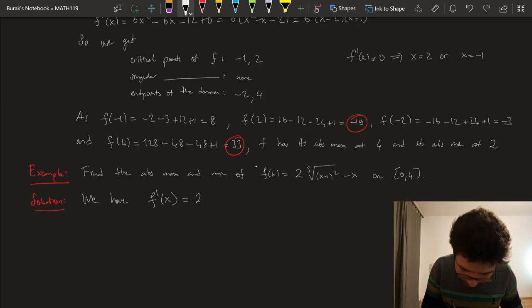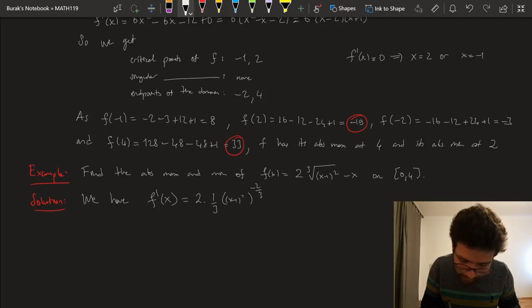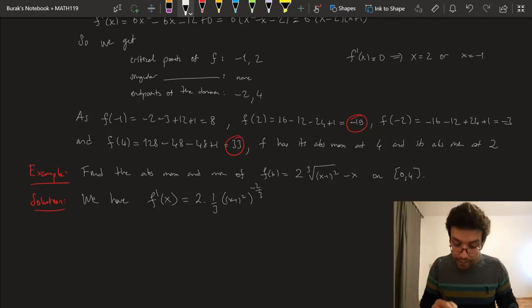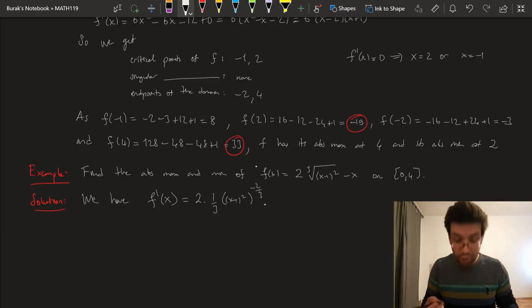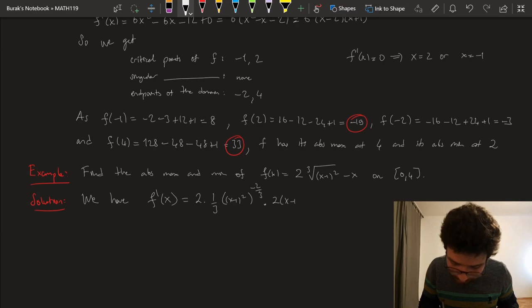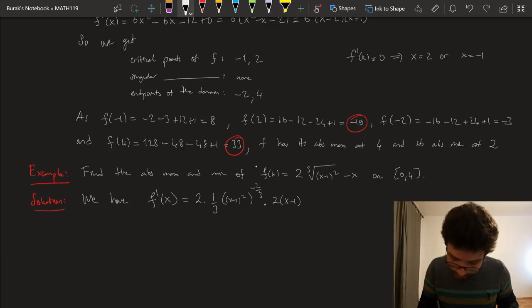So the derivative of the outer function gives you 1/3 times blah blah to the power minus 2/3, and inside I have to keep whatever I had, so I have x minus 1 squared. And by chain rule, I have to multiply this with the derivative of the function inside, which is 2 times x minus 1. And over here, the derivative of x is 1.